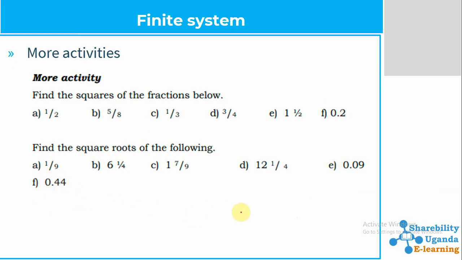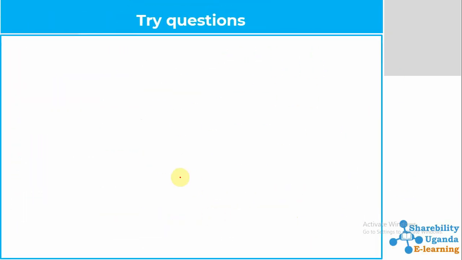So let's go to our workspace. In our workspace, we have 0.09. This is our part E, and our part F.